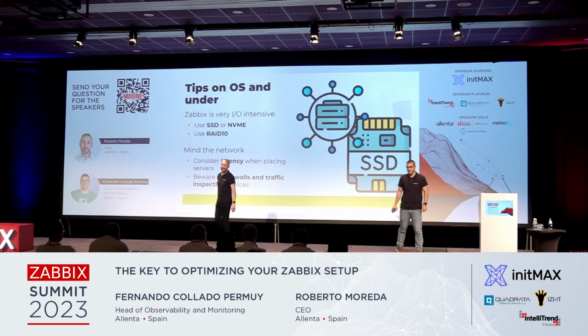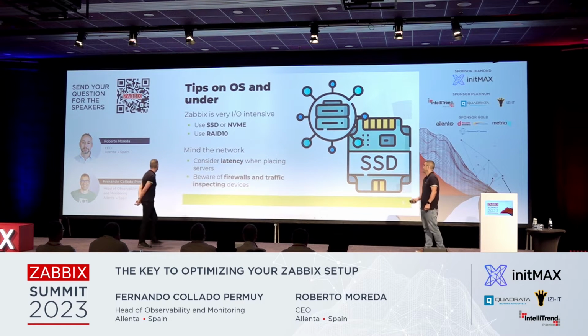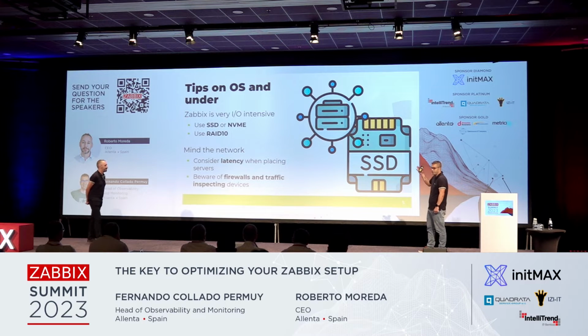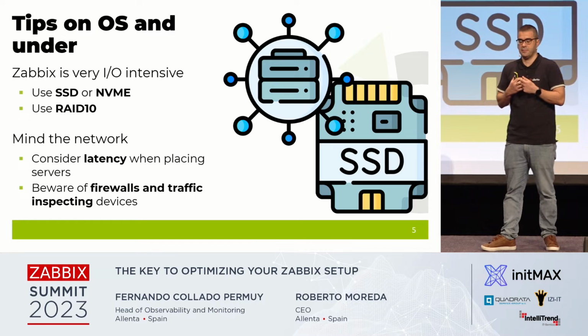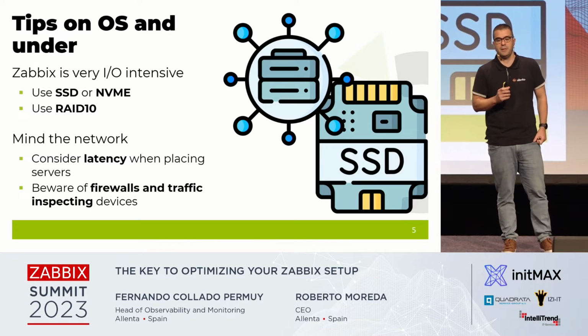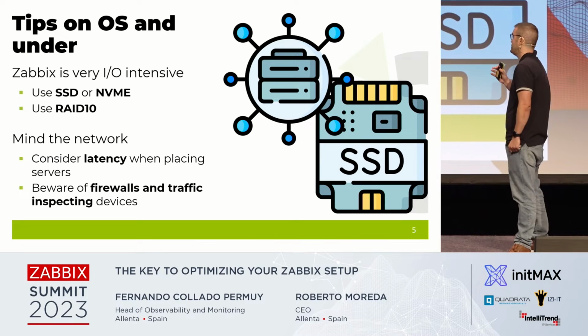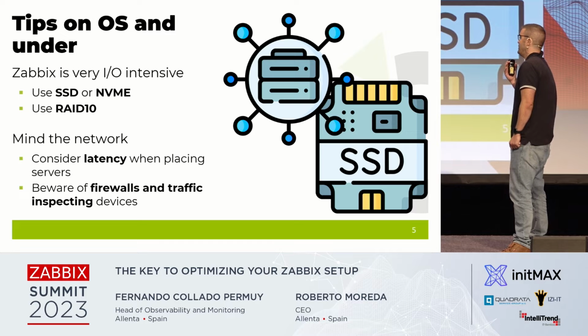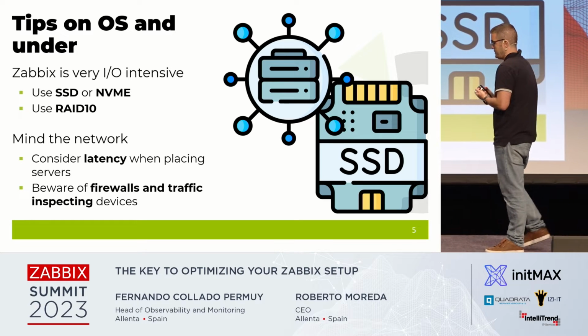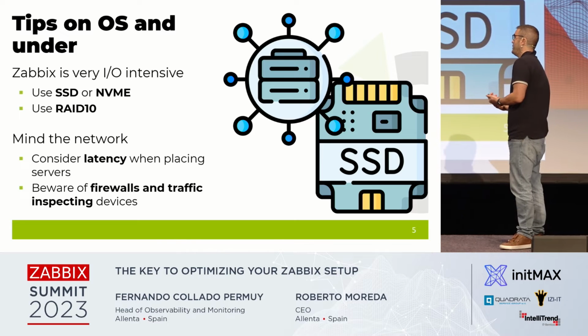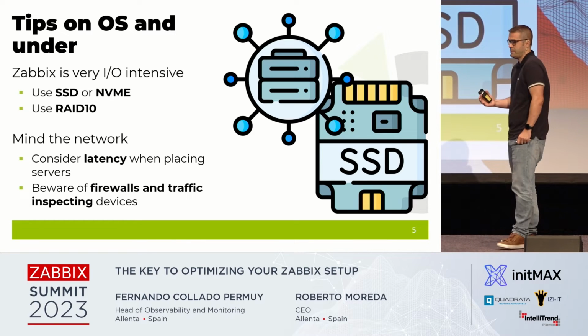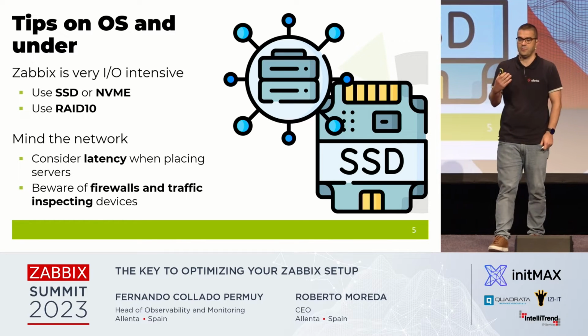As Roberto said, all of these things work for us. It's very important to come back to the basics, and this part is tips on the operating system. Okay, I have to start a new Zabbix project, and the first thing I have to think about is where this Zabbix machine is going to run.